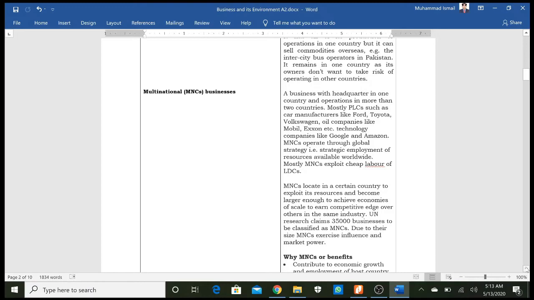Mostly all public limited companies such as car manufacturers like Ford, Toyota, Volkswagen, oil companies like Mobil, Exxon, or technology companies like Google, Amazon, work under the MNC title, meaning multinational companies.